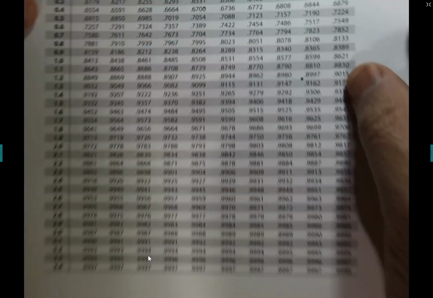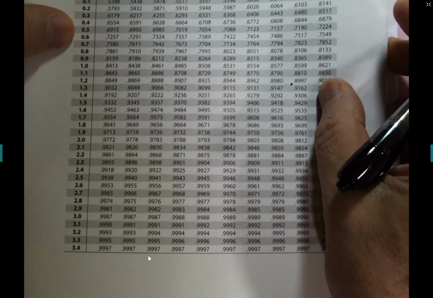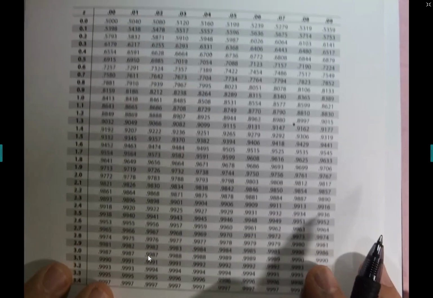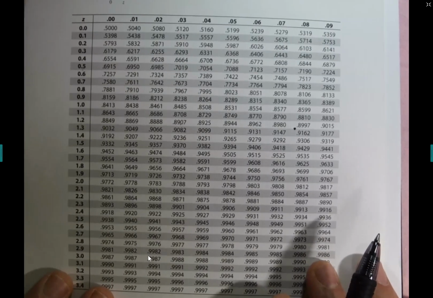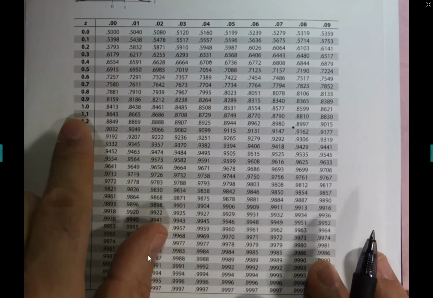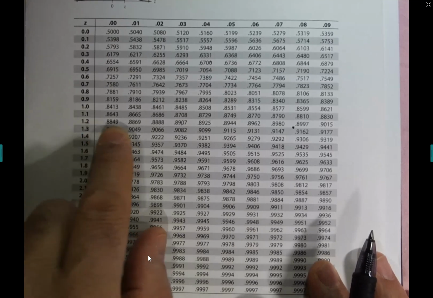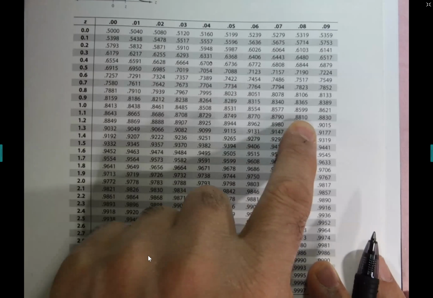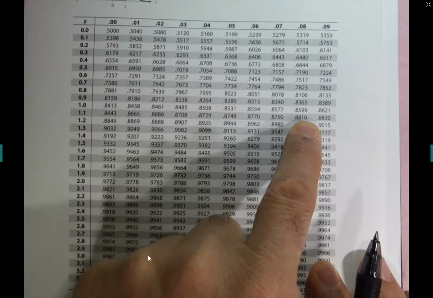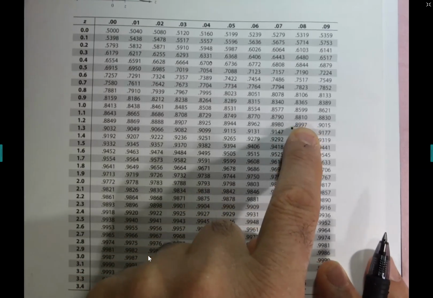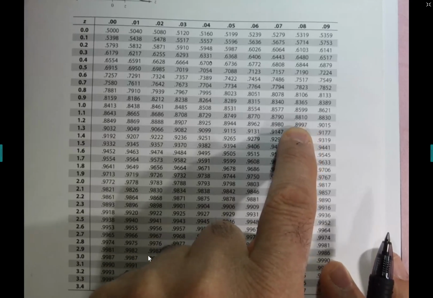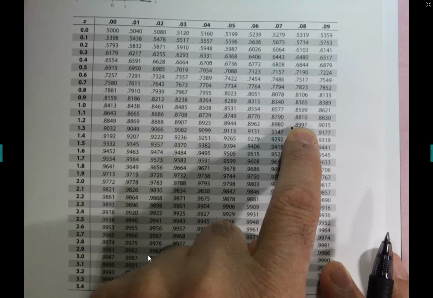And 1.28, guys. So that's 1.2 and 8 goes right here. So 1.28. Do you agree? So I have 0.8997, but this is the area to the left.